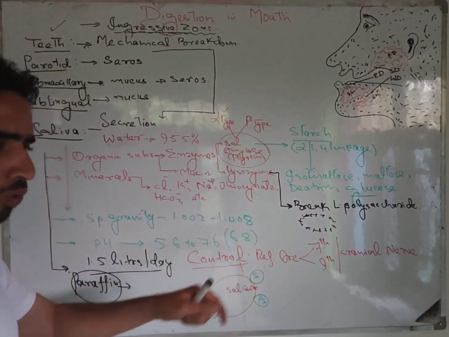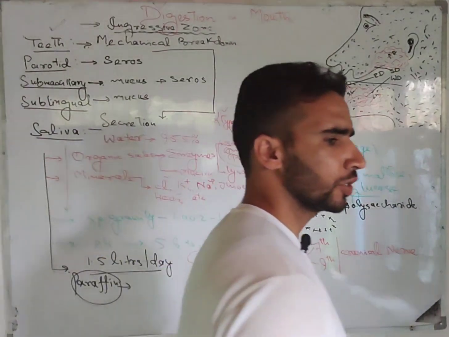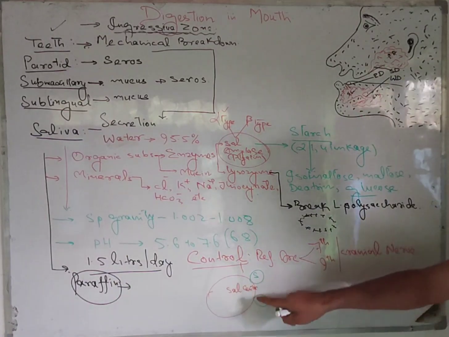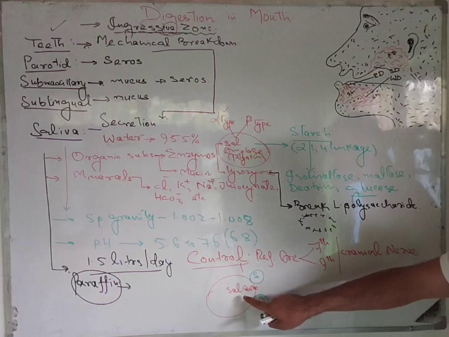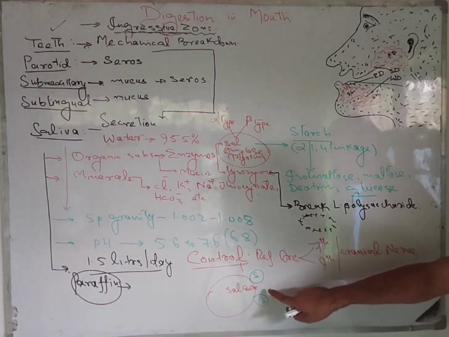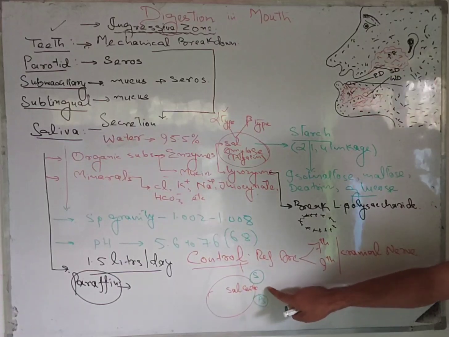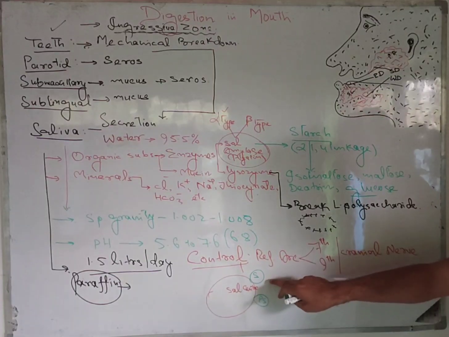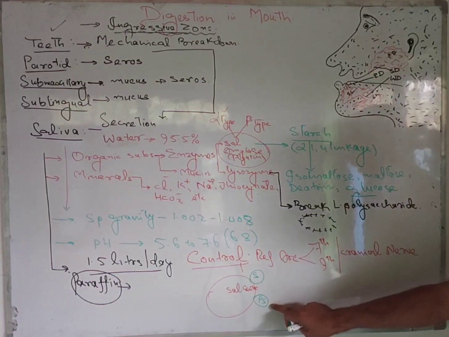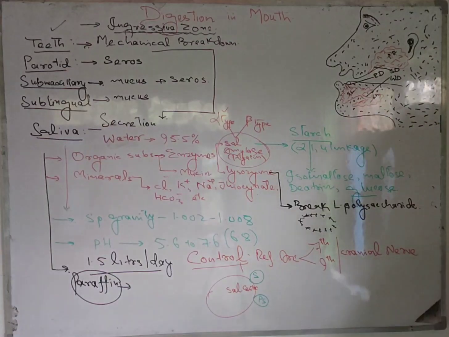We know it controls the activities of different structures through sympathetic nerves as well as parasympathetic nerves, isn't it? In the salivary center we find 2 respective regions: one controls the salivary secretion through its sympathetic nerves, and another through its parasympathetic nerves.